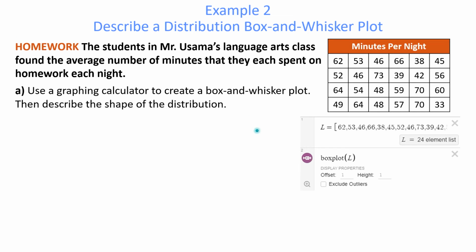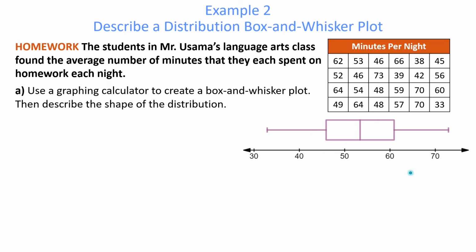Now using Desmos, in the first line, enter L equals square brackets, and then enter your data points over here, separating them with a comma. You should have 24 elements. In the second line, type in box plot, open brackets, L, and this L refers to this data set here. Make sure you select to exclude outliers, and you should have a box plot looking like so.